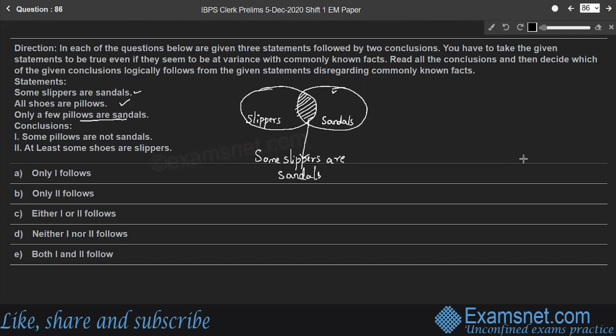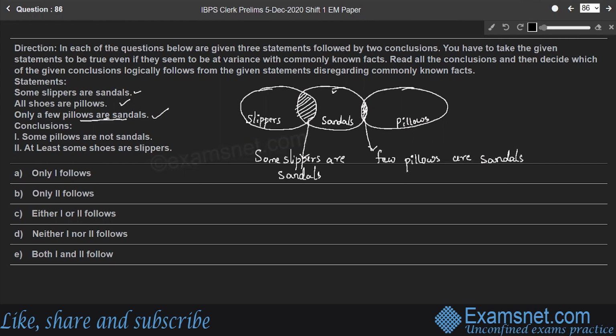So let us consider third statement first. Only a few pillows are sandals. There is a set of pillows. So a portion of which is common to both sandals and pillows. This portion represents only a few pillows are sandals.